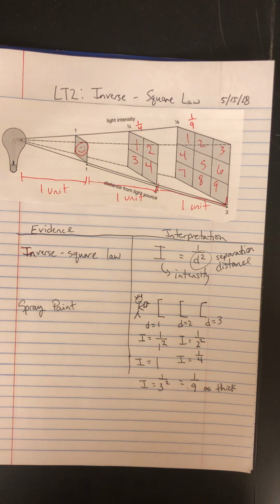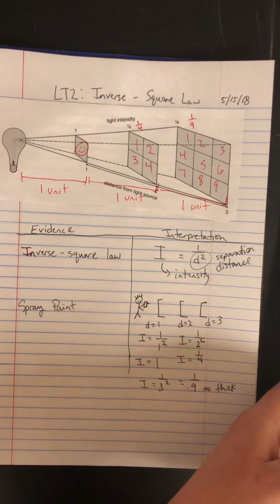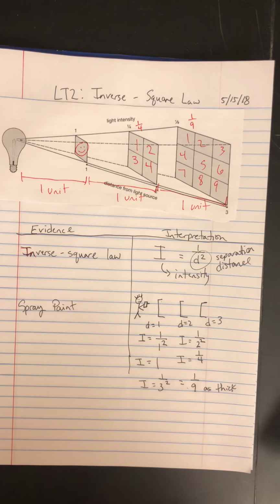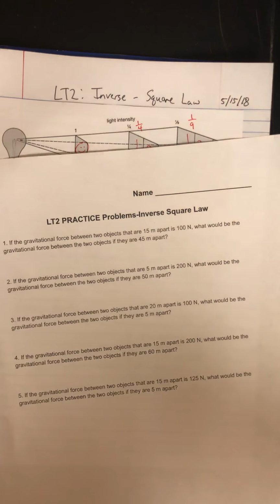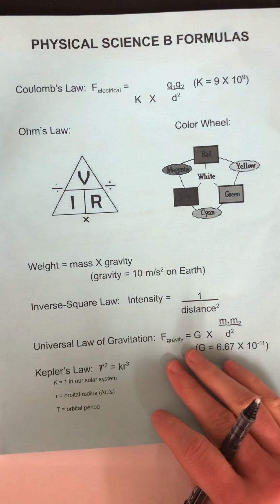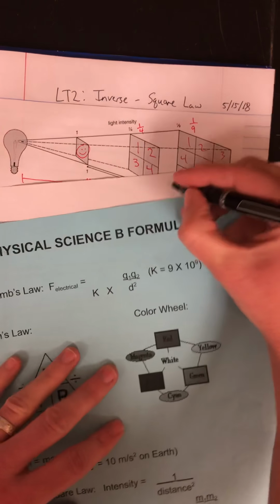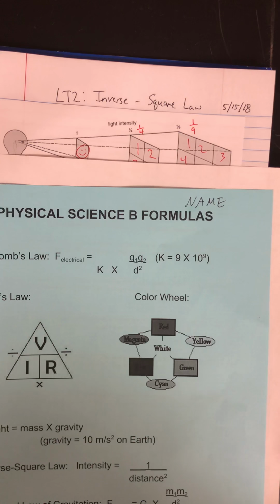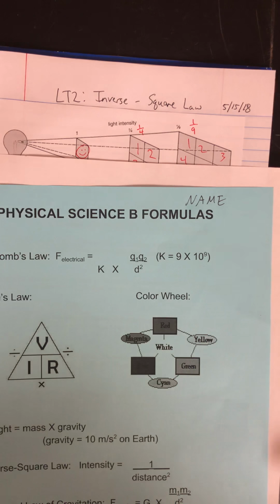So what we're going to do is do 2 of the practice problems together today. So that's why you want to have this sheet, and I'm helping you make your very own cheat sheet, your formula sheet. Get your name on there if for whatever reason you are rebelling against that. Otherwise, if you do all this work and you leave it, we don't know where it's supposed to go.